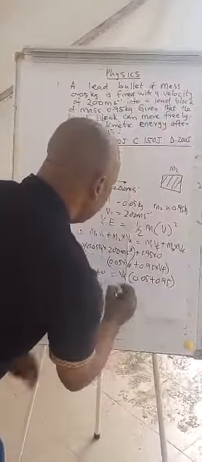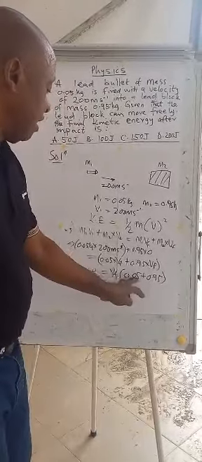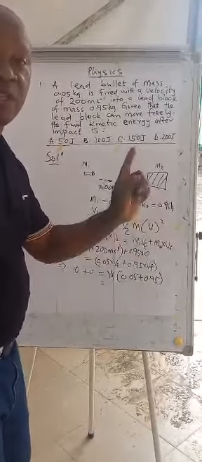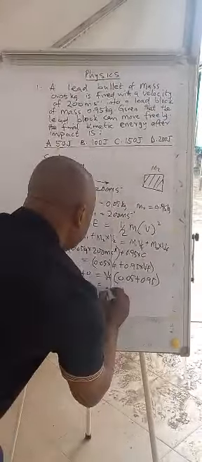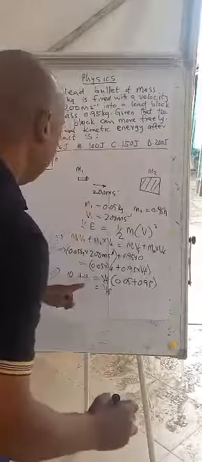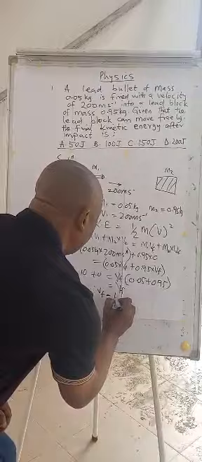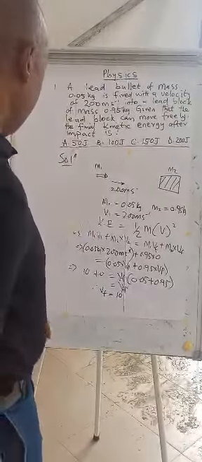Now this 0.05 plus 0.95 is 1. So this invariably gives us 1 times Vf, which is Vf. Therefore, Vf is equal to 10.